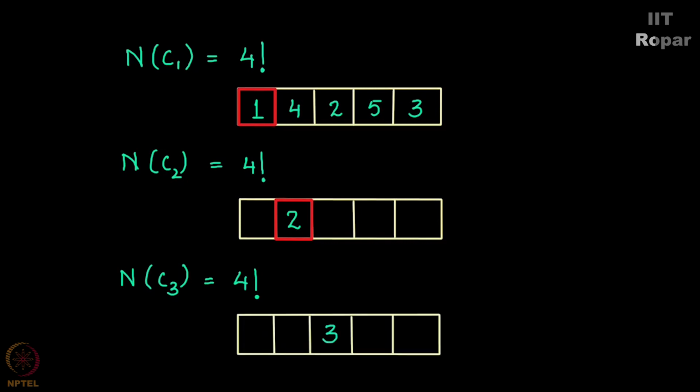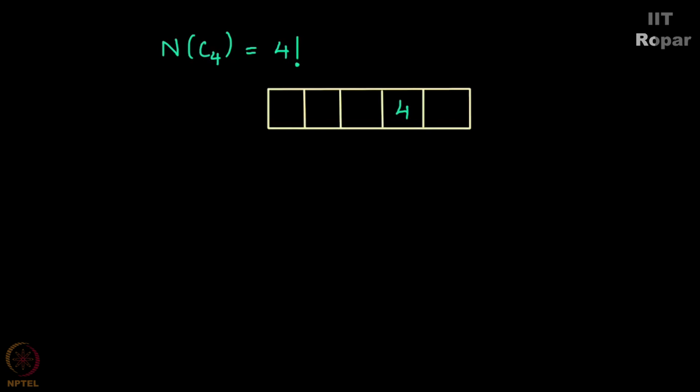Why? 3 will go to house 3, it is fixed and the other 4 of them can be permuted in all possible ways. Now N of C4 again has the same analogous reason as 4 is fixed and the remaining 4 can be permuted in 4 factorial ways, same for C5 as well.